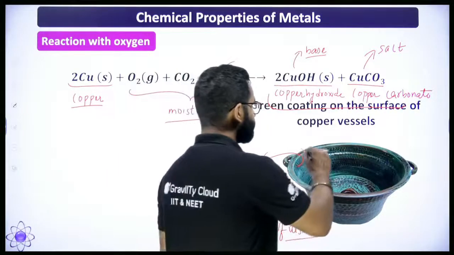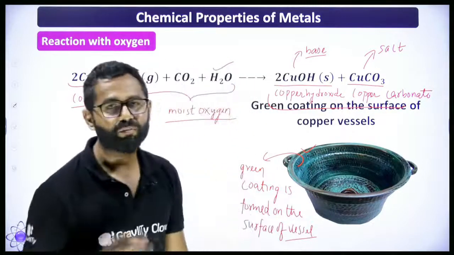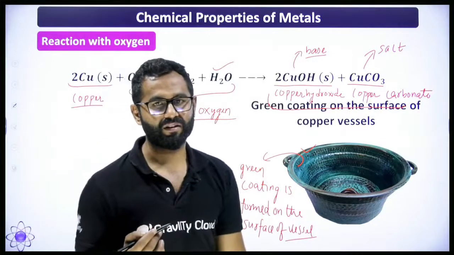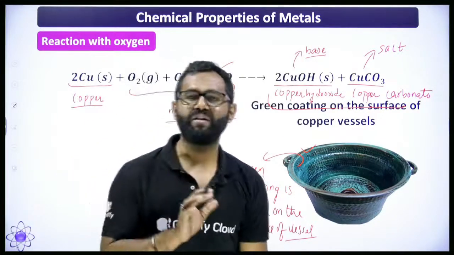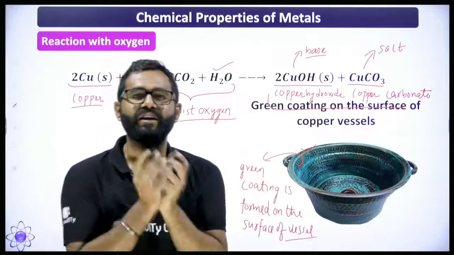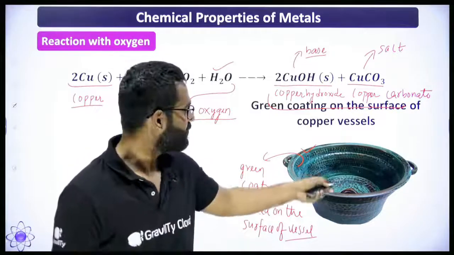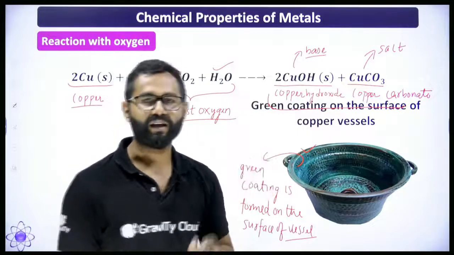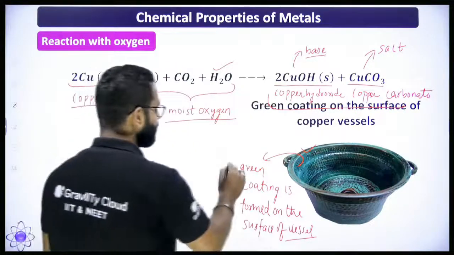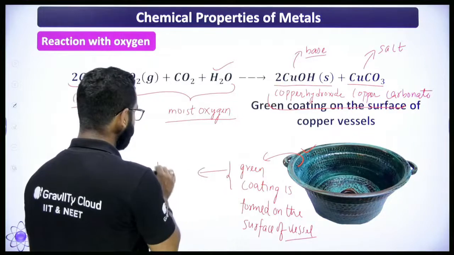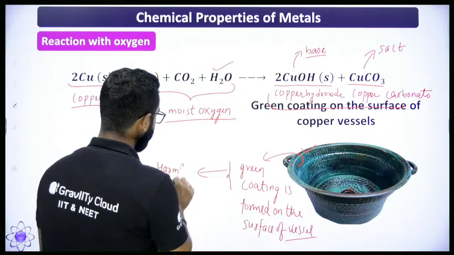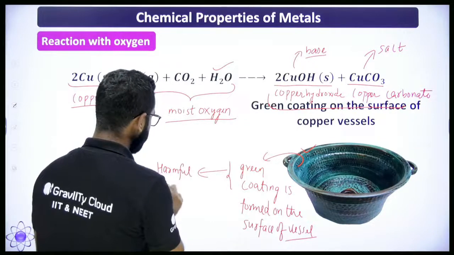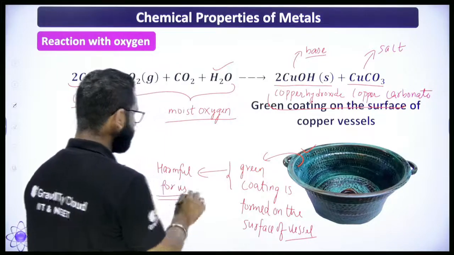That is why we always prevent the use of copper vessels. We prevent their use because these salts or compounds are not good for us. They can be harmful. This green coating can be harmful for us. How?